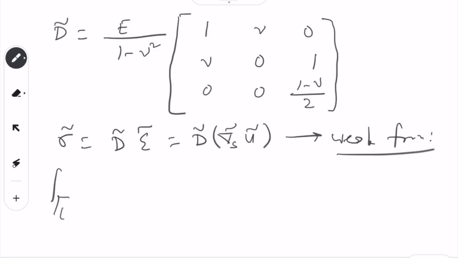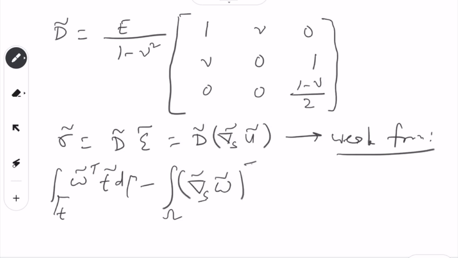Integral over gamma t of w tilde transpose t tilde d gamma, minus integral over omega of del S w tilde transpose, then we had sigma.